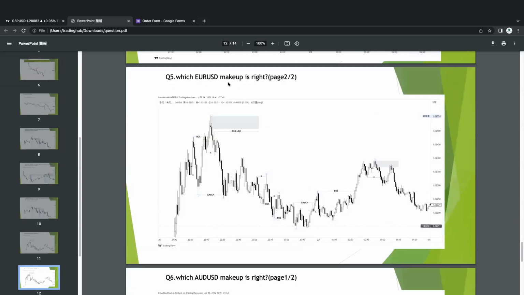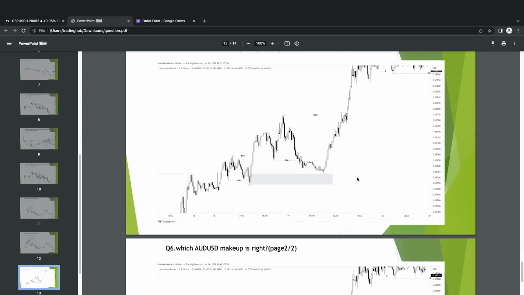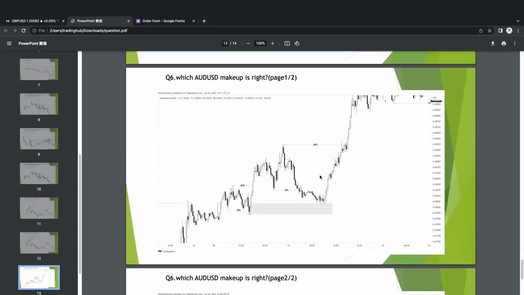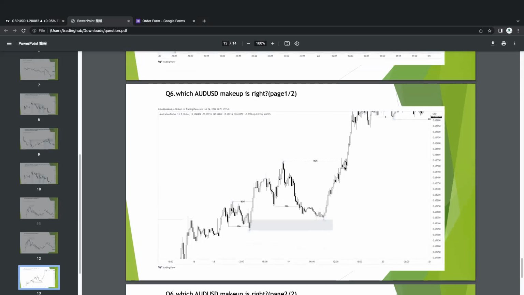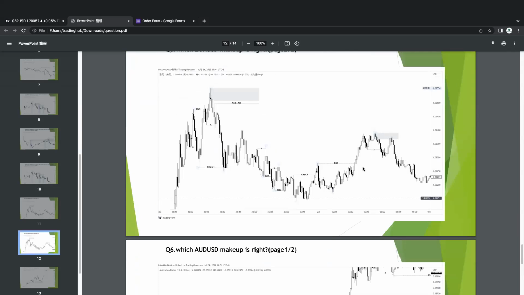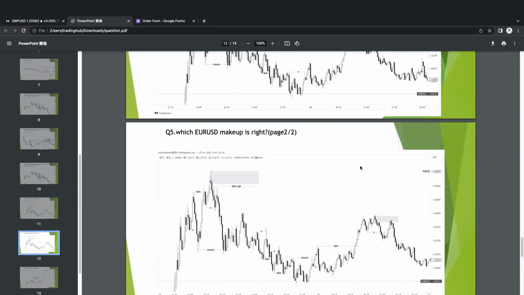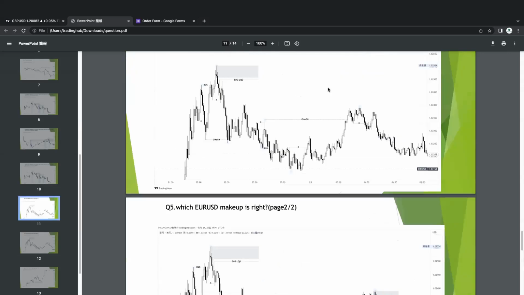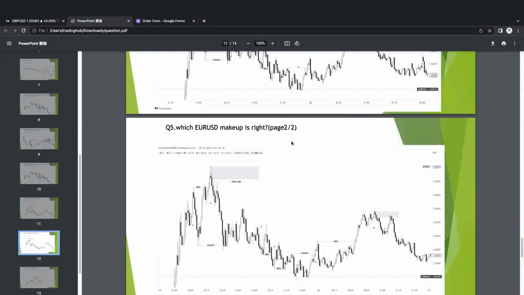EURUSD, mark makeup is right. I think this is the same. Yeah, at this point, yeah. You can see here. Mark different setup on the chart. This one is, I think, the same. Yeah, mark difference. EURUSD, and this one is also EURUSD.